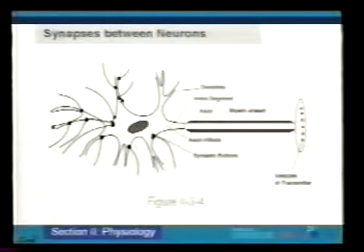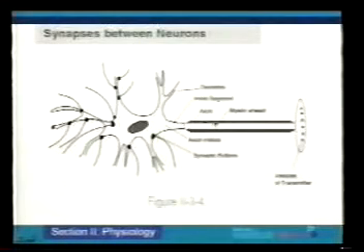Therefore, the local potential changes that are generated in the cell body and on the dendrites must flow to the axon hillock or the initial segment, and if you depolarize this membrane far enough, you activate enough voltage-gated channels, and that initiates the action potential.